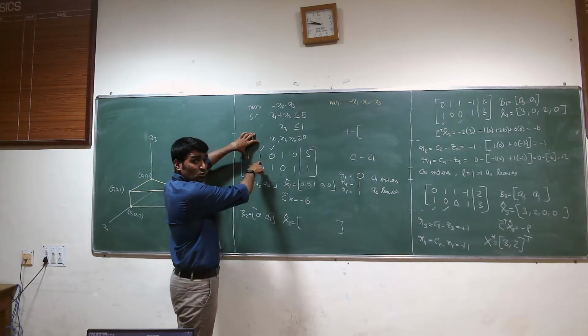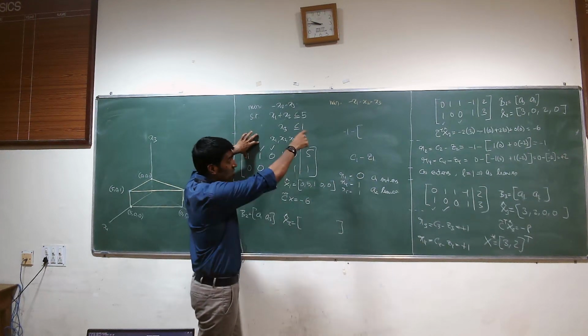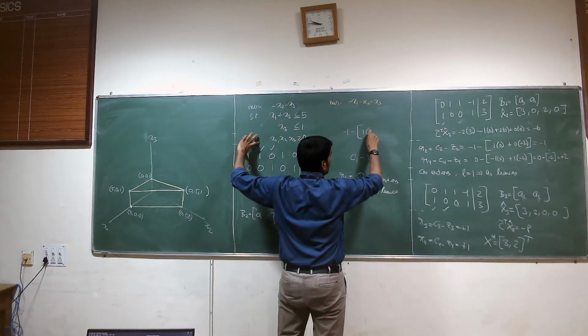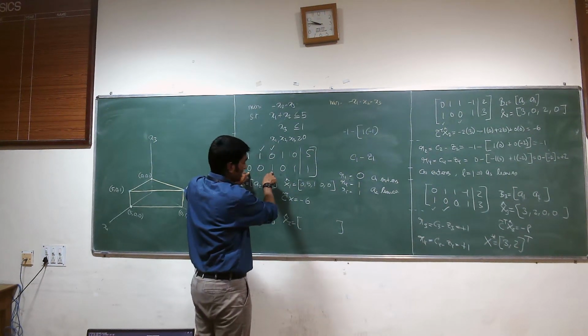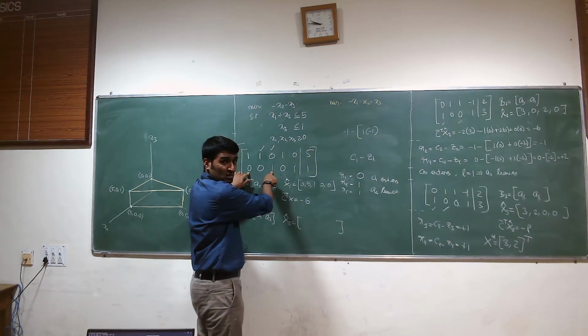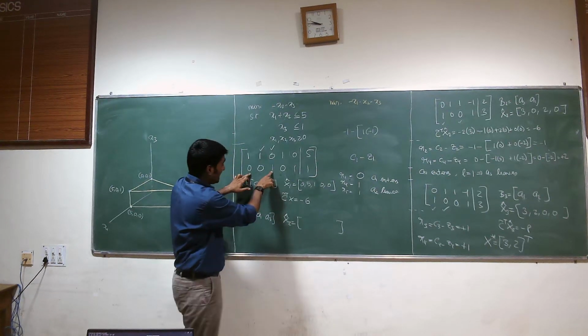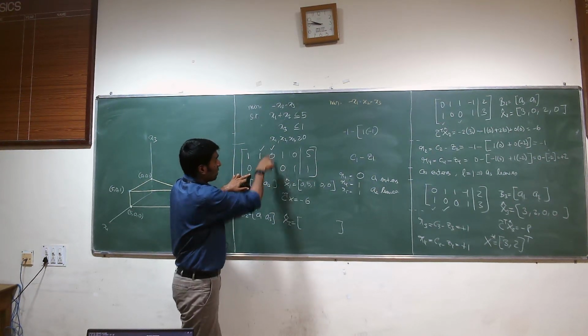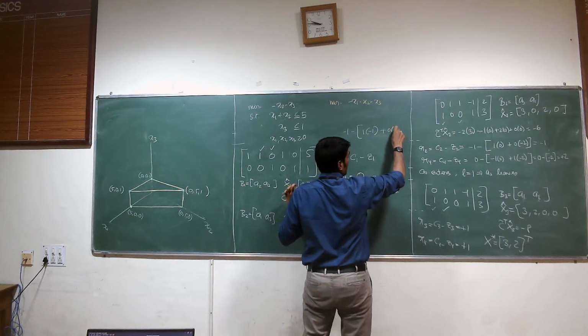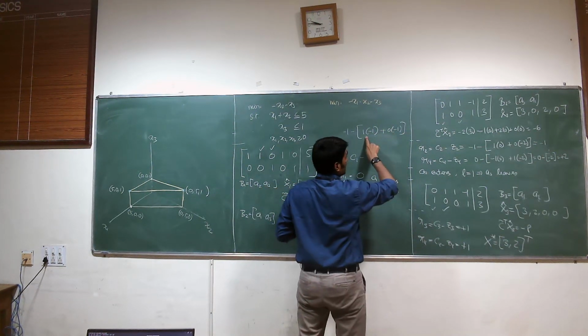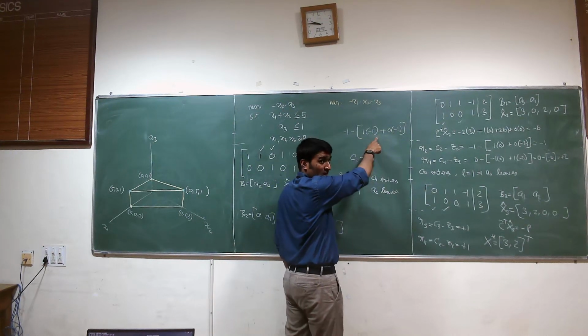That is, this is C2. What is C2? -1. So 1 times -1, 0 times the C value corresponding to the second basis vector, which is the third column. That means again -1, -1 minus -1.